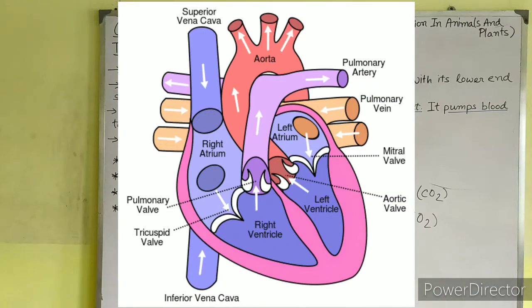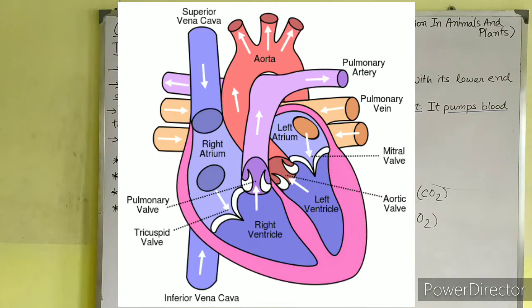Though it is not marked in the diagram, you should know that there is a muscular septum present in the heart which divides the right side and the left side of the heart.